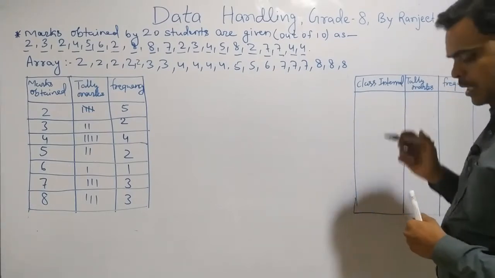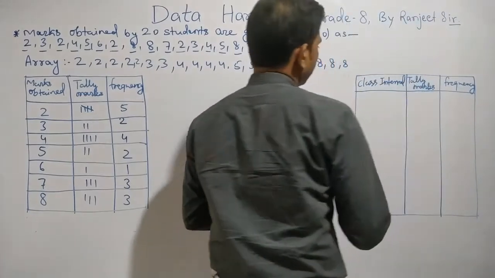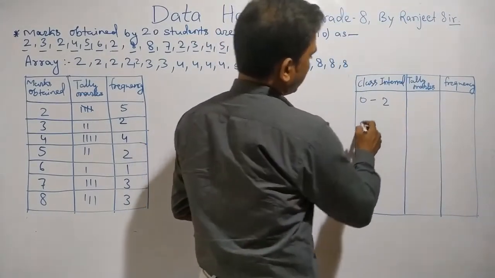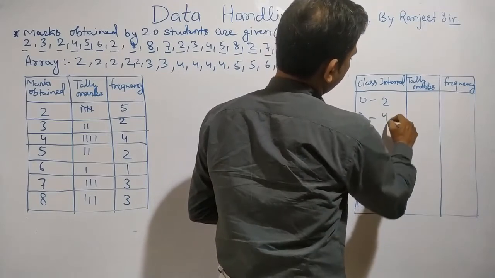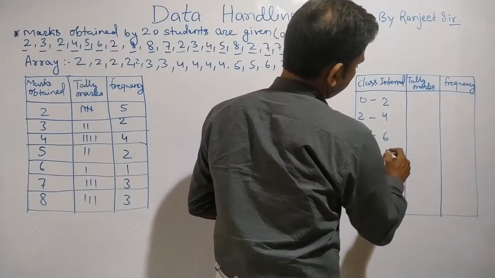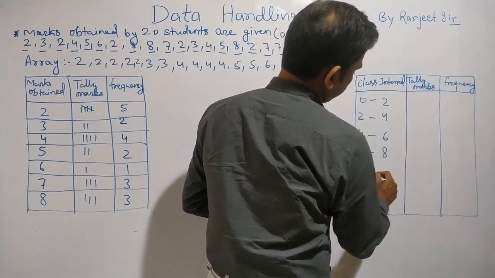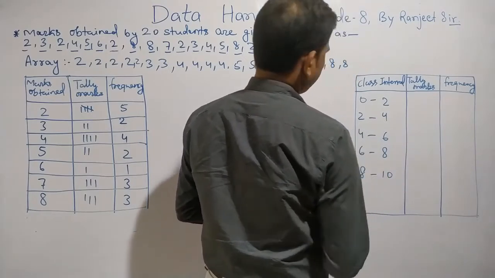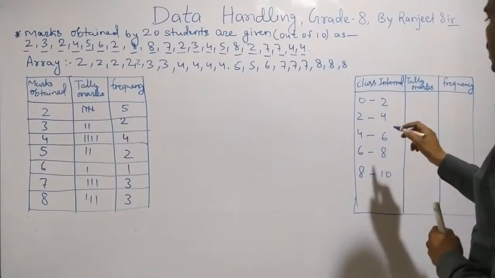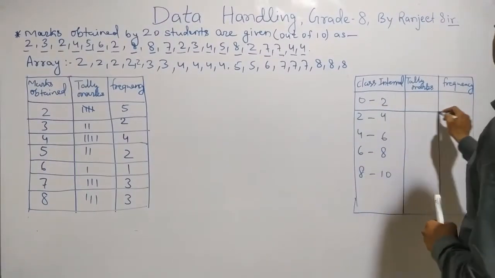So we can take a small interval, 0 to 2, then 2 to 4, 4 to 6, 6 to 8, 8 to 10. Okay, so I have taken the class interval like this.